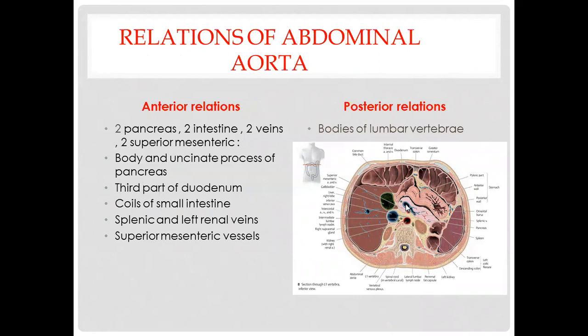The head and body of the pancreas are located anteriorly, and the third part of the duodenum and coils of the small intestine are also present. The splenic vein and left renal vein are present anteriorly. The superior mesenteric artery and vein are in its anterior relation.